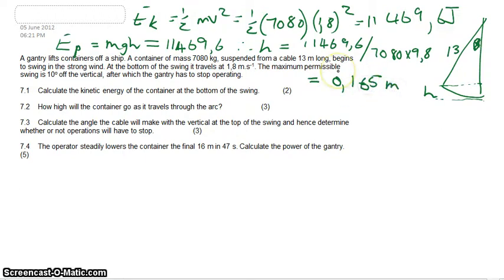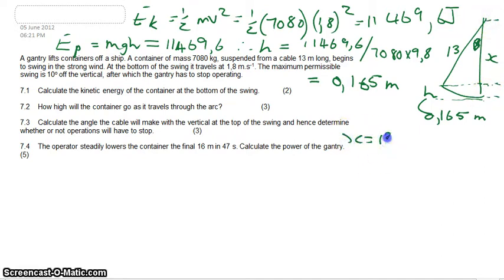So that tells us that this height here is 0,165 meters.